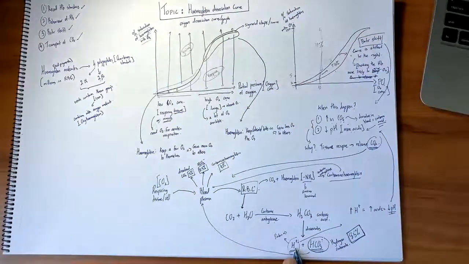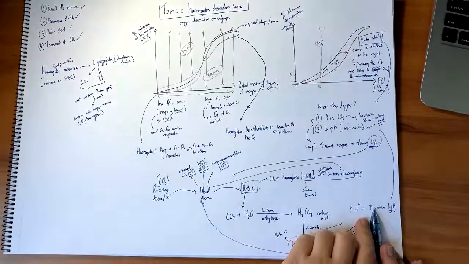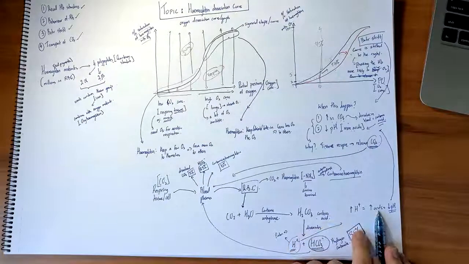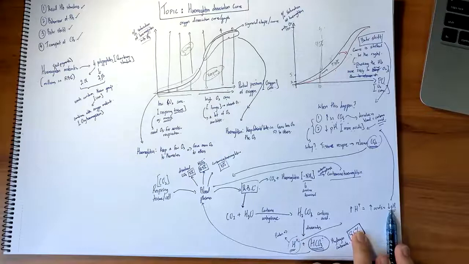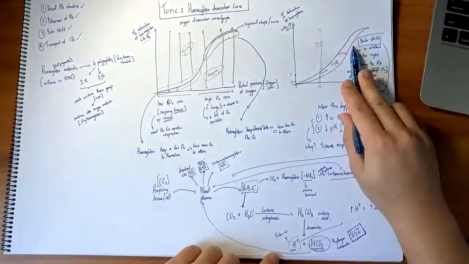Okay, so more H plus from the dissociation of carbonic acid means it will become more acidic. And if it's more acidic, that means a further decrease in pH. So it will result in the Bohr shift.